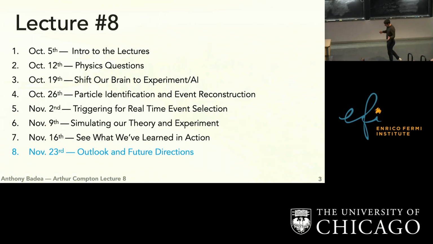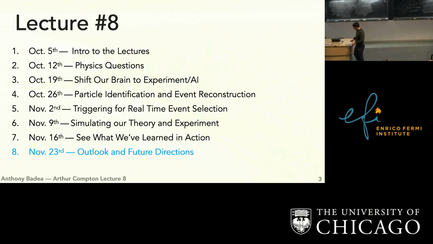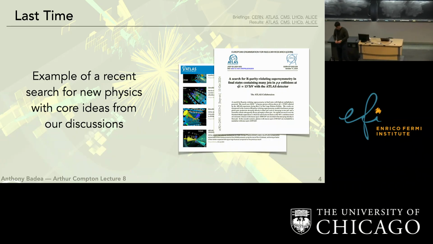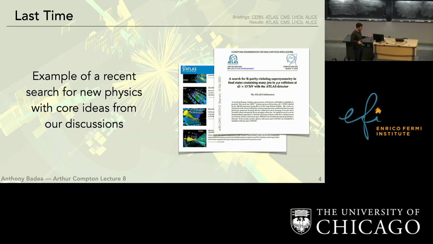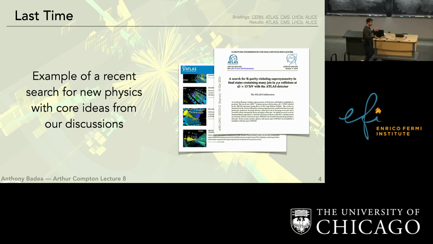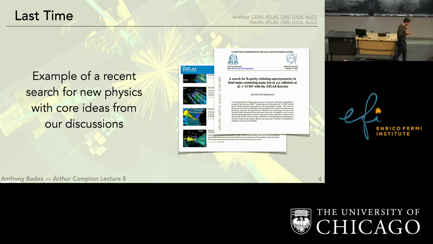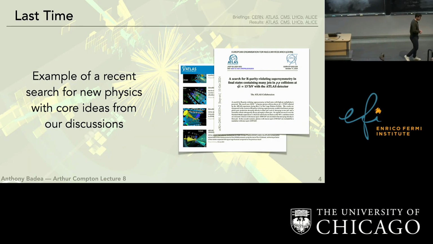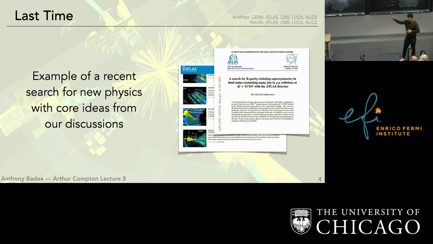In any case, today what we're going to do is talk about outlook and future directions. As a refresher, last time we pieced together, hopefully, a lot of the different subjects of the lecture series. We talked about doing tons of collisions, triggering, AI, machine learning, and different aspects of the analysis, and we saw how a lot of the different pieces fit together in a recent analysis that was public just a month and a half ago.